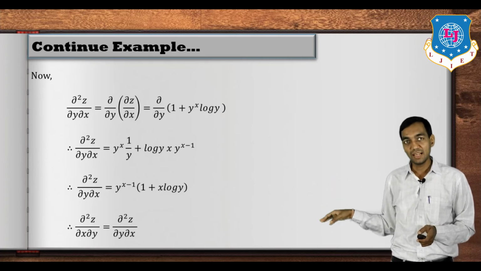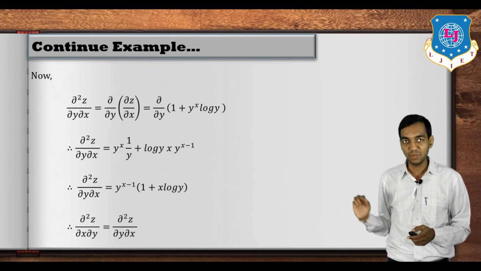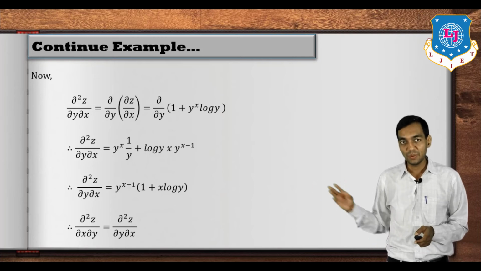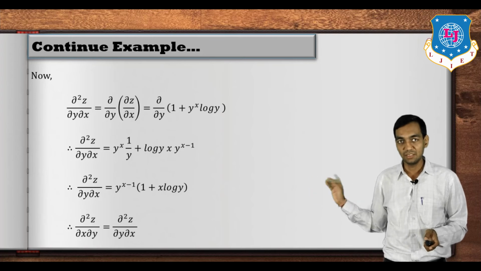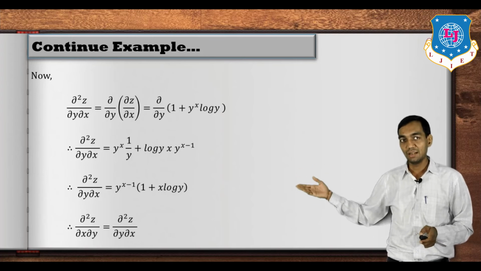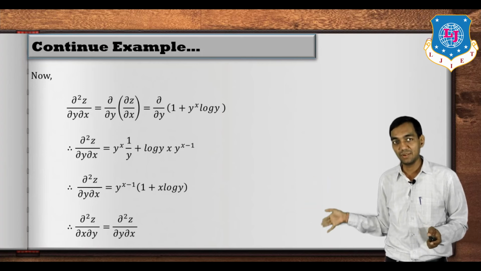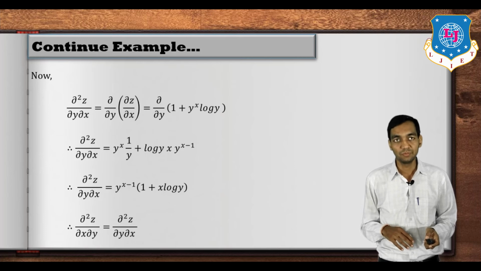Then log y as it is, and the derivative of y raised to x will be x into y raised to x minus 1, because x is constant. So simplifying this and taking y raised to x minus 1 common, that will give you 1 plus x into log y. So both del square by del x del y and del square by del y del x have the same value, and that proves your example.